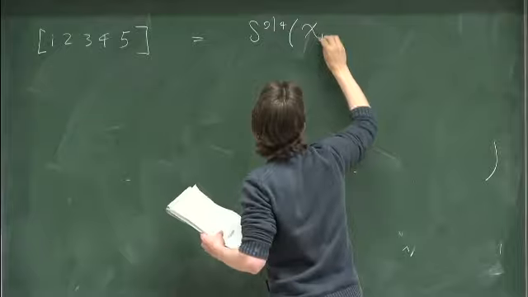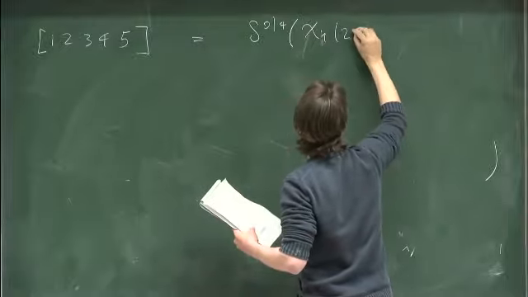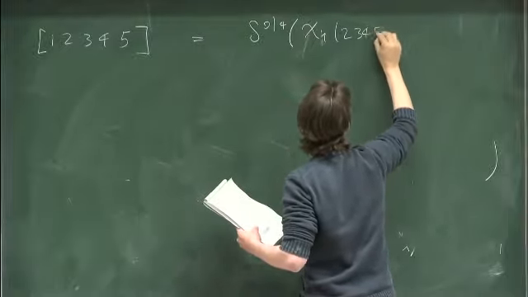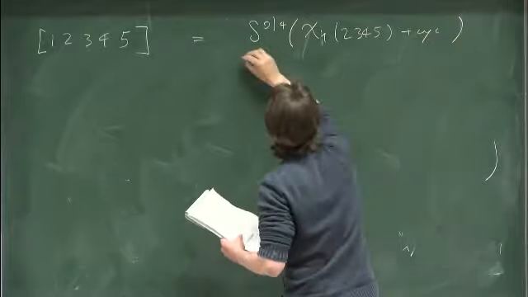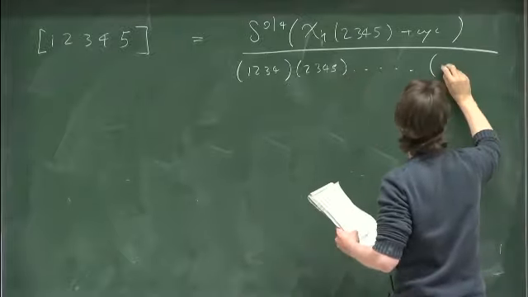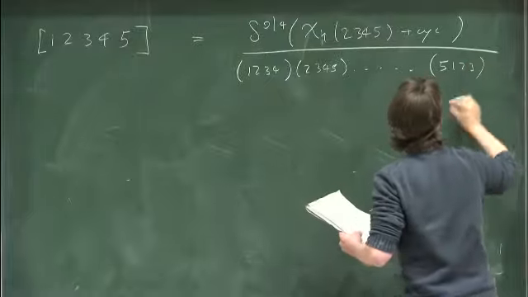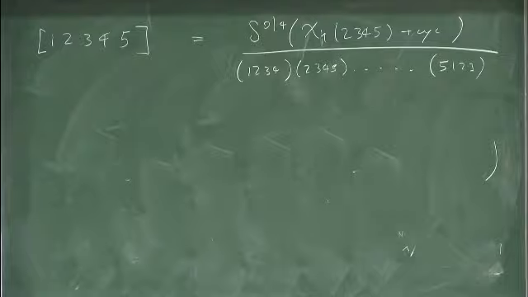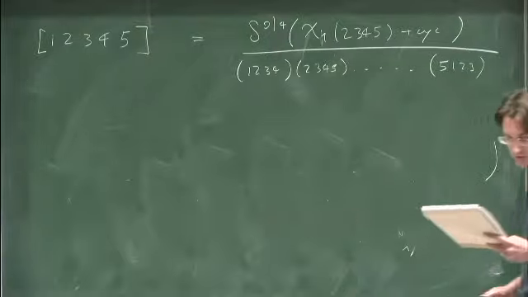So this will be a 4-dimensional fermionic delta function of chi_1, and then the 4-bracket (2,3,4,5) plus cyclic, divided by the product of the 4-brackets running cyclically up to (5,1,2,3). Okay, so that's a completely antisymmetric combination of 5 momentum supertwisters.